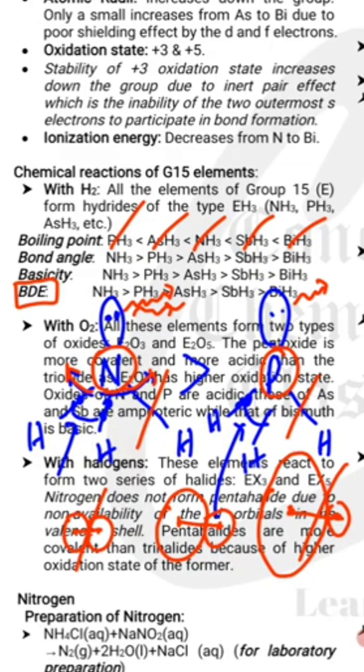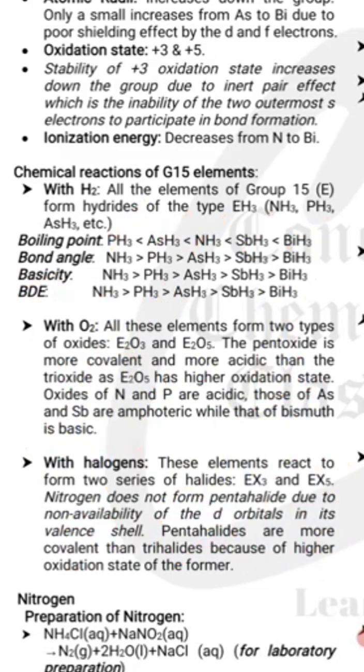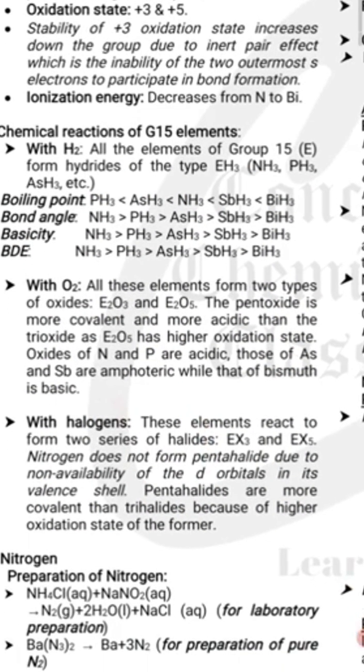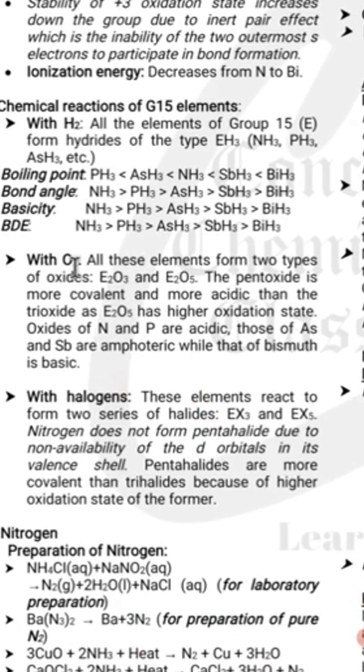Okay, now let me come to the next property, that is reactivity with oxygen. So with oxygen, these elements of group 15 form oxides of these two types, E2O3 and E2O5.